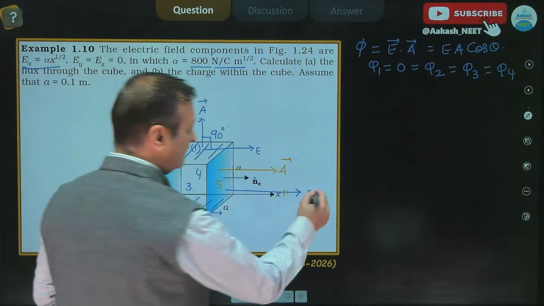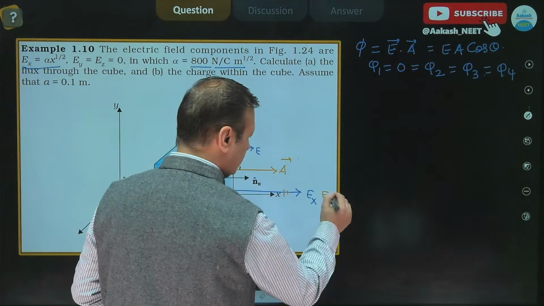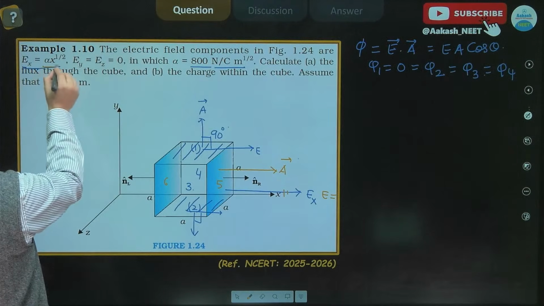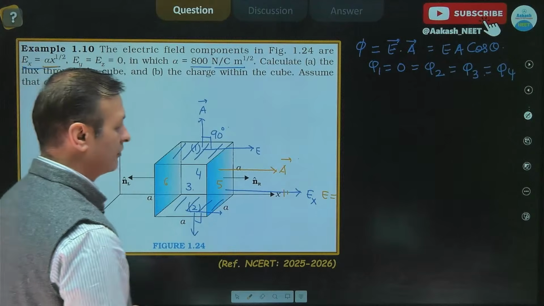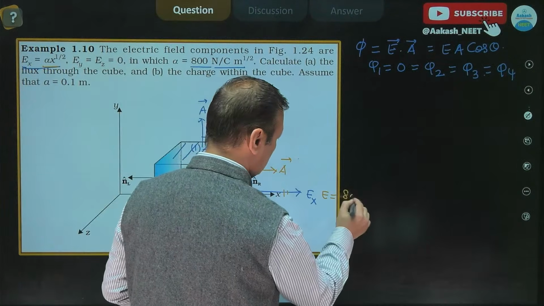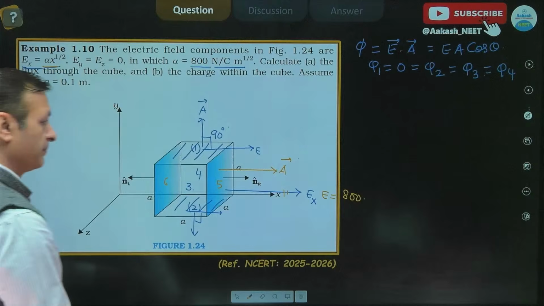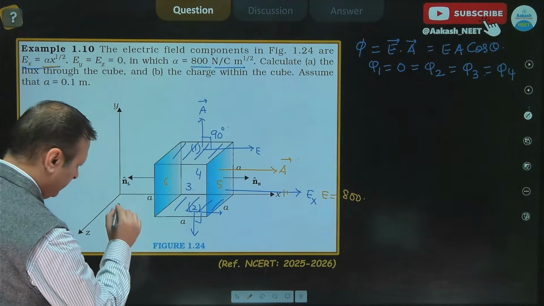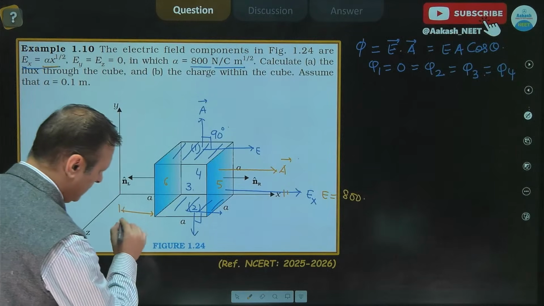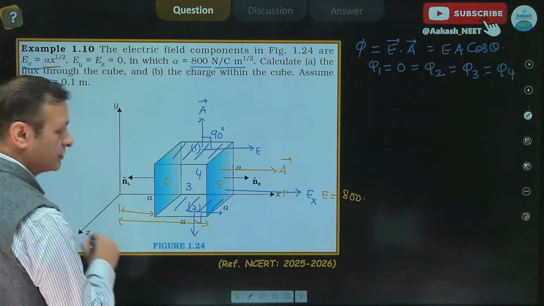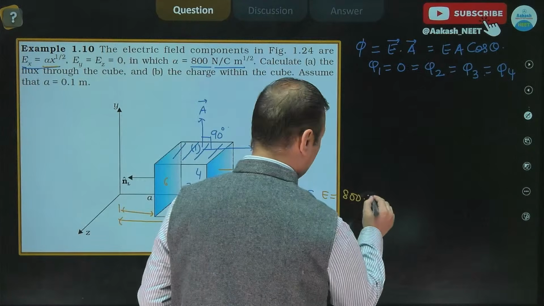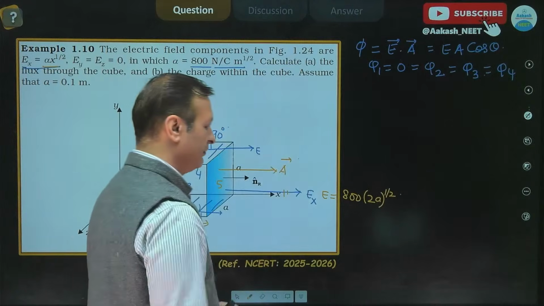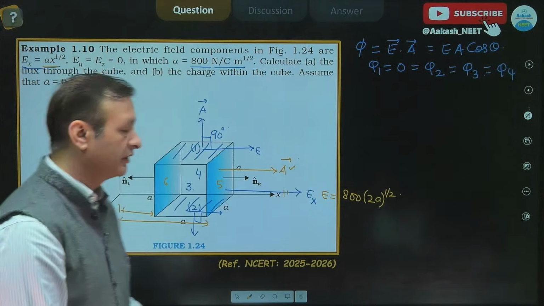If I label this electric field as E, it is along the x-axis, given to you as alpha times x power 1 by 2. Now what is x here? If you look at the configuration, this is A and this is another A, so here we have 2A, power 1 by 2.